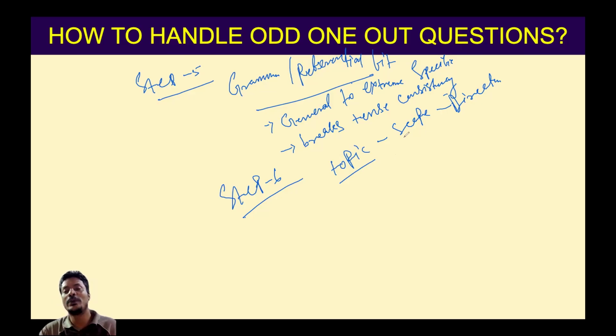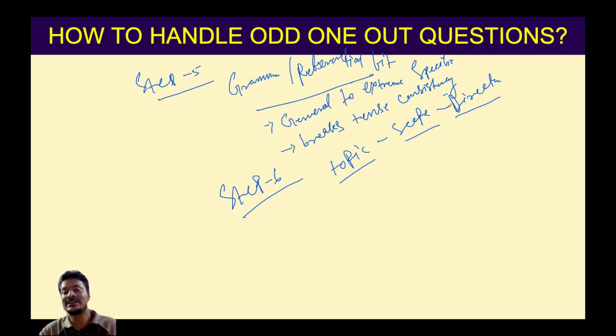Scope: does it fall within the same scope, such as causes of a decline or something else? Direction: is the direction consistent, such as explaining decline versus improving service? Such kind of thing.